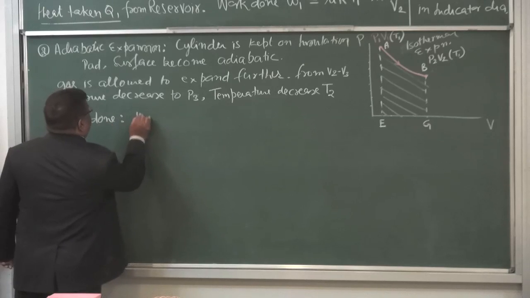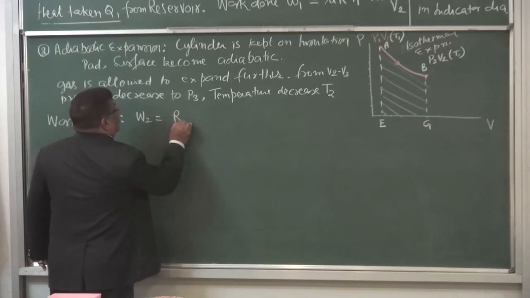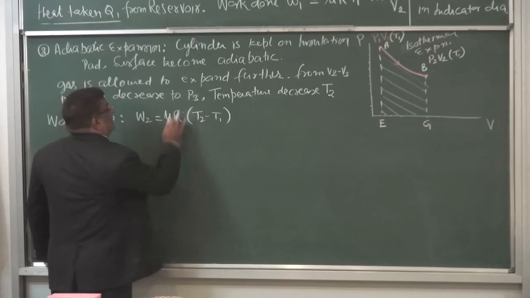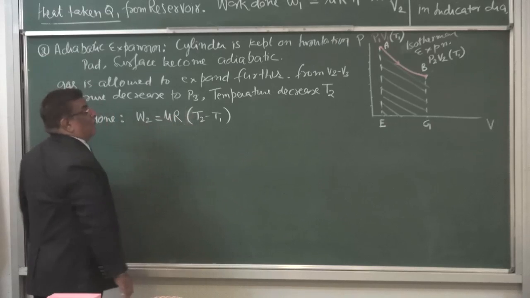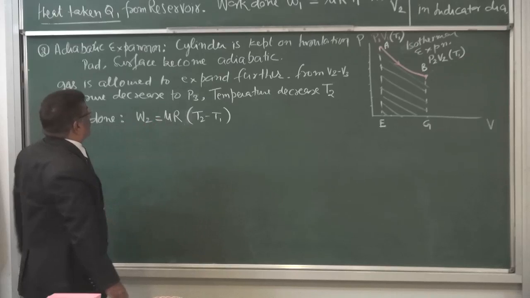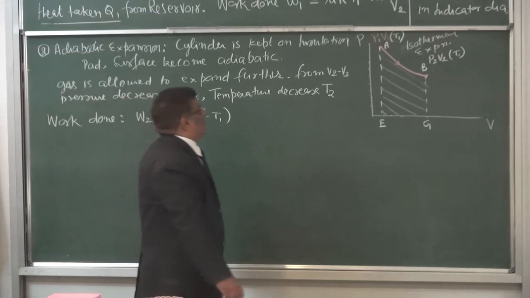The work done W2 is equal to R, the change in temperature, T2 minus T1. This is the work done for 1 mole, or for mu moles. This is work done in an adiabatic process.